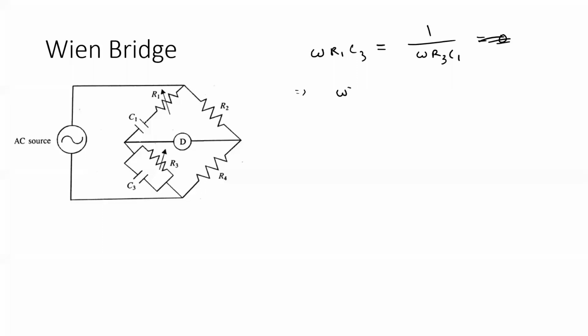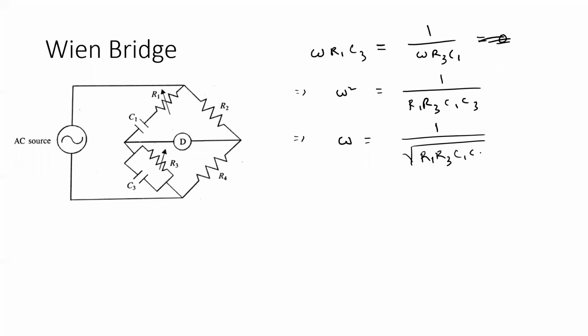So we'll have omega square to be 1 by R1 R3 C1 C3. So that will give us omega in terms of the values of R1 R3 and C1 C3 if we take the square root of this multiplication. And this is the angular frequency.